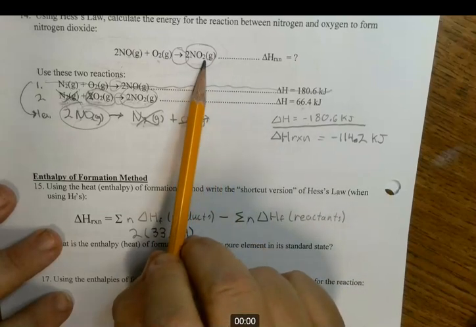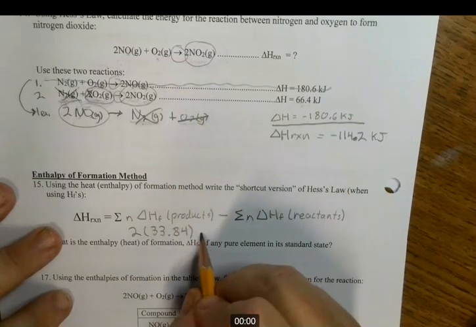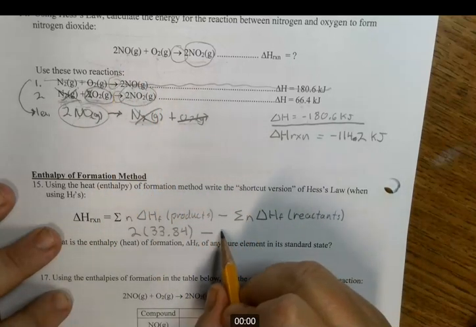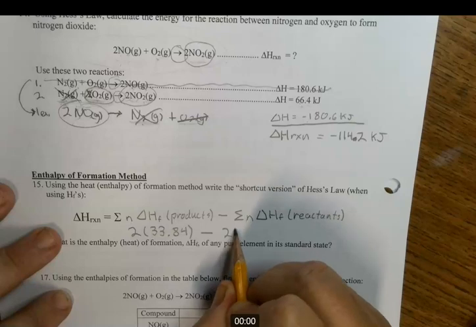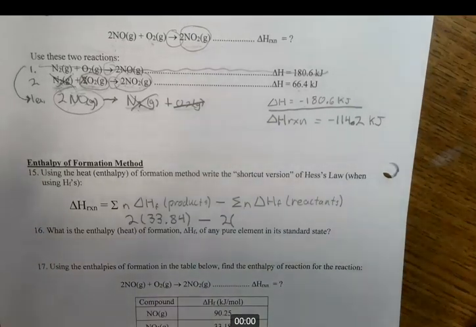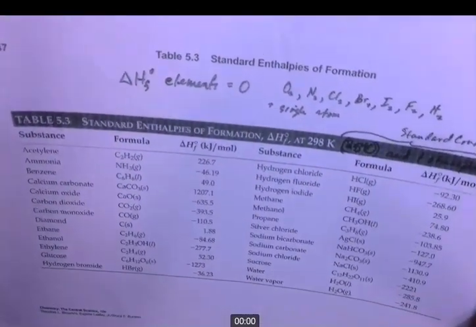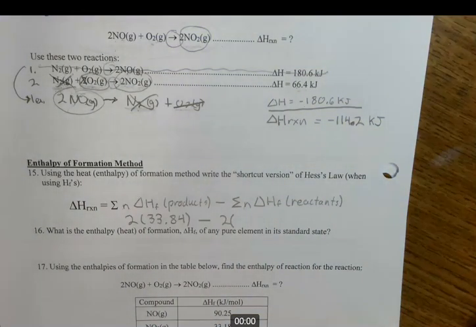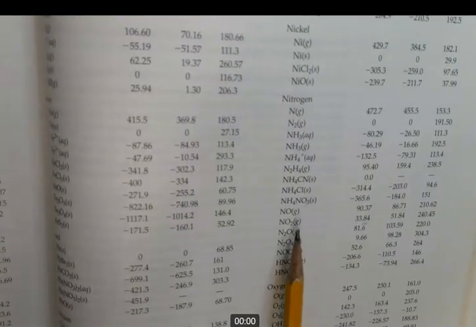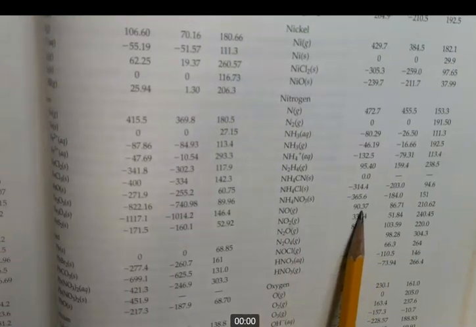on the product side, and now we're going to subtract from that the sum of the reactants. So it's going to be 2 times, and again I'll go and see if my purple sheet has NO, and it does not. So I'm going to go back to the book, bring it on back over here, and there's NO right there, and it's 90.37.